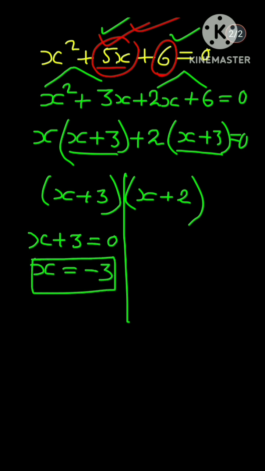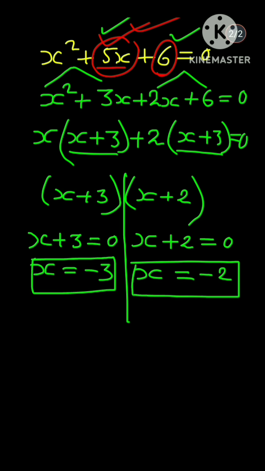And similarly x plus 2, make it equal to 0, then we get another value of x, that is minus 2. Okay students, in this way we can obtain two values of the variable after solving the quadratic equation, right?